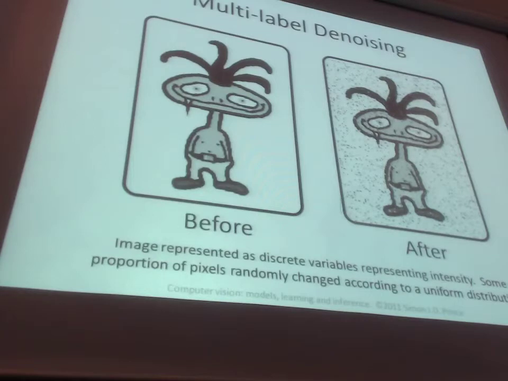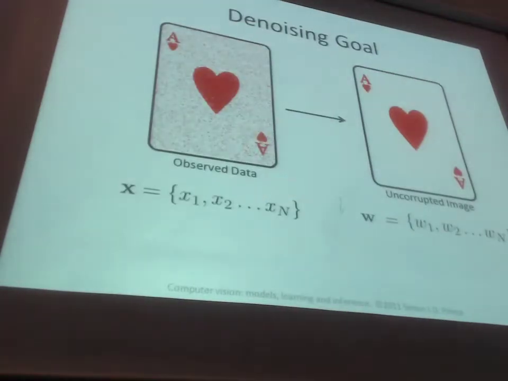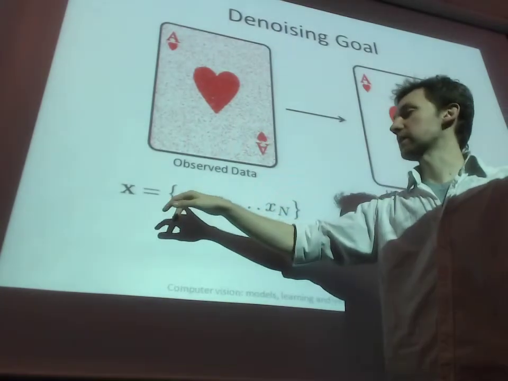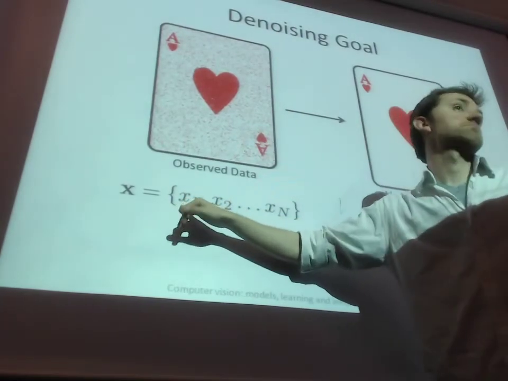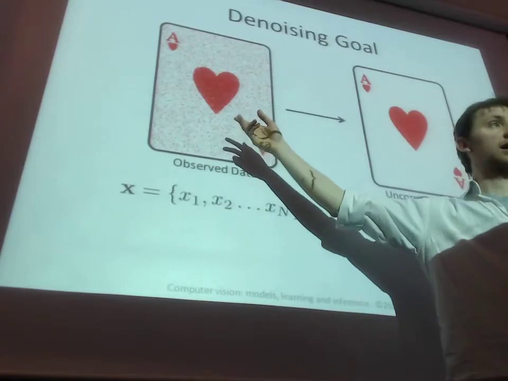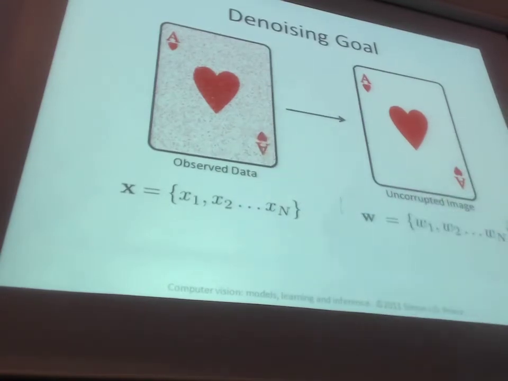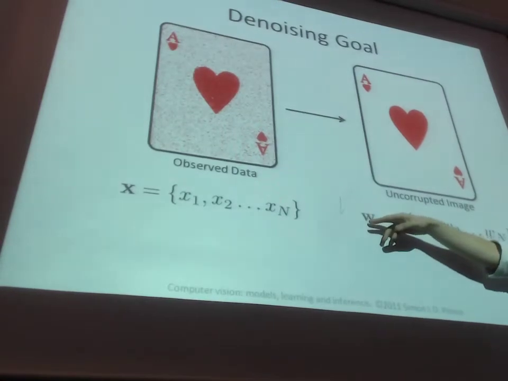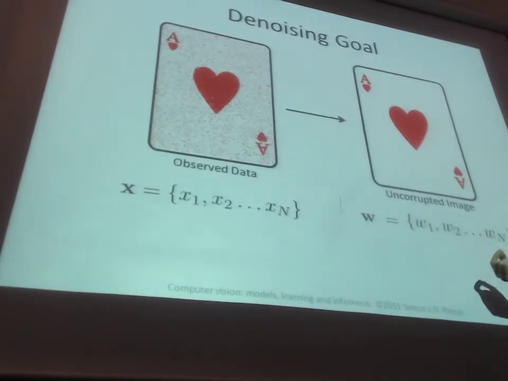Okay, so the problem itself is fairly easy to set up like this. You saw this coming already. You're going to have observed data where at each pixel I have some observed intensity value. Let's keep it simple: intensity high or low for the binary case. And we want our world state to be this vector of what happens at each pixel.